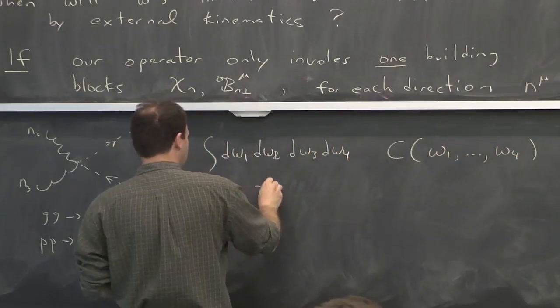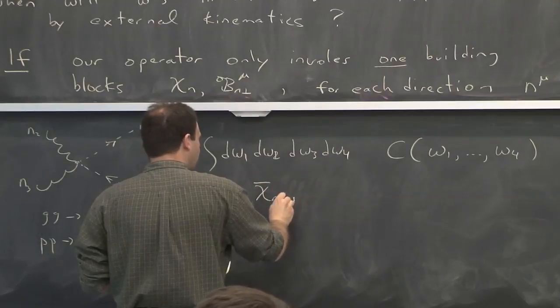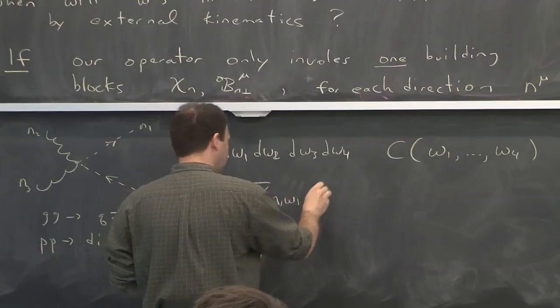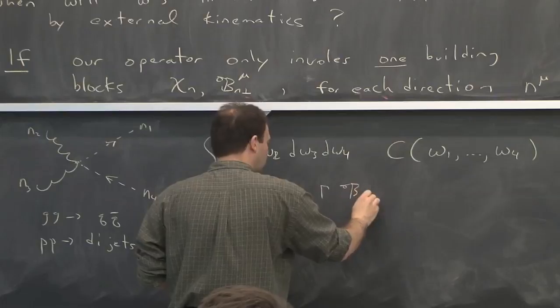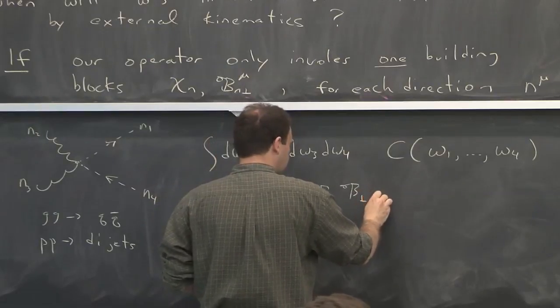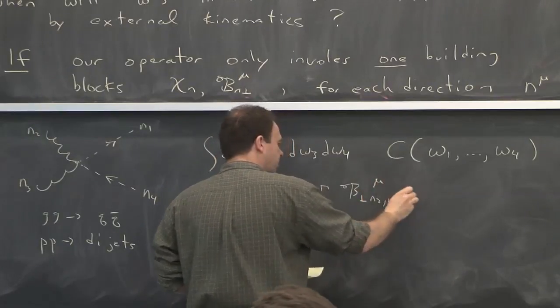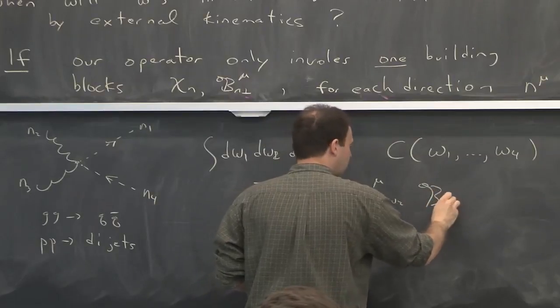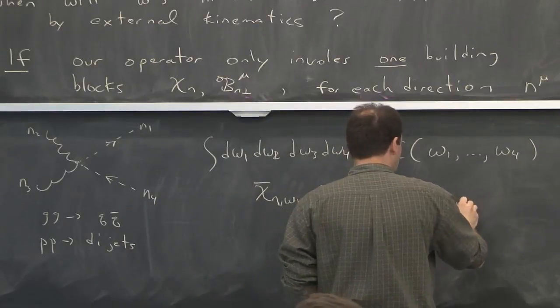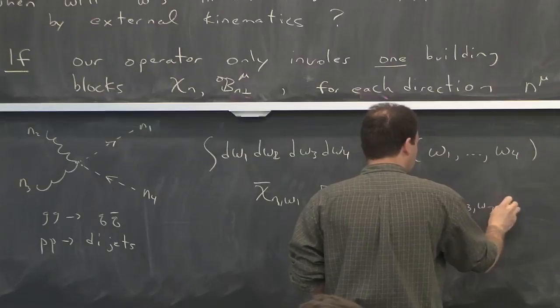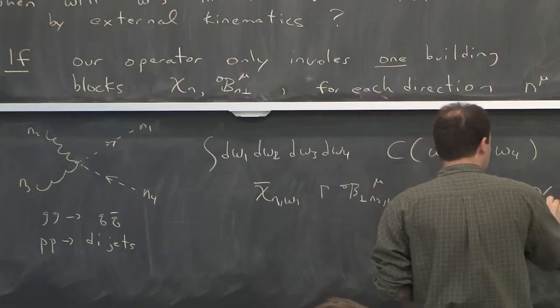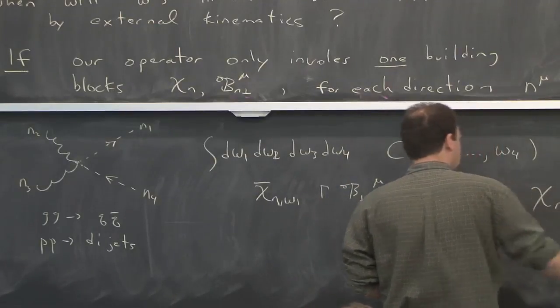And you'd then write down some operator out of building blocks, n1, W1. I'm not going to worry about all the indices, but I'll worry about some of them. That would look like that.